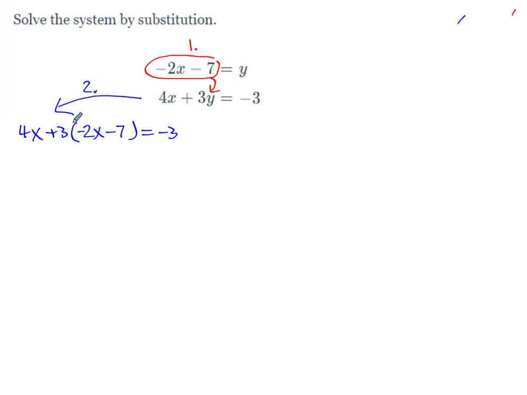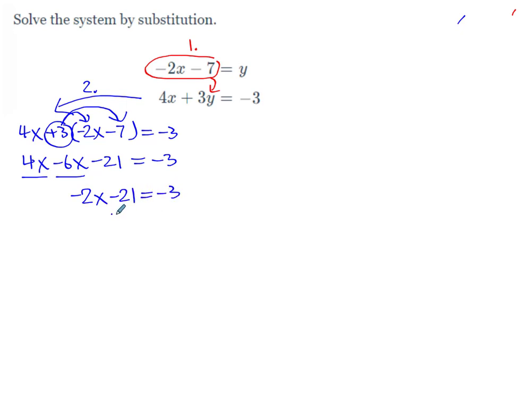Now we're going to find out what x is equal to. I'm going to distribute this 3 to the negative 2x, and then this 3 will also be distributed to negative 7. So 4x minus 6x minus 21 is equal to negative 3. I'll combine 4x and negative 6x to get negative 2x minus 21 equals negative 3.